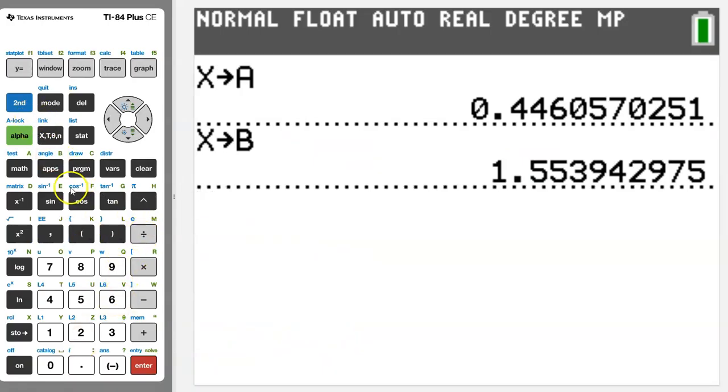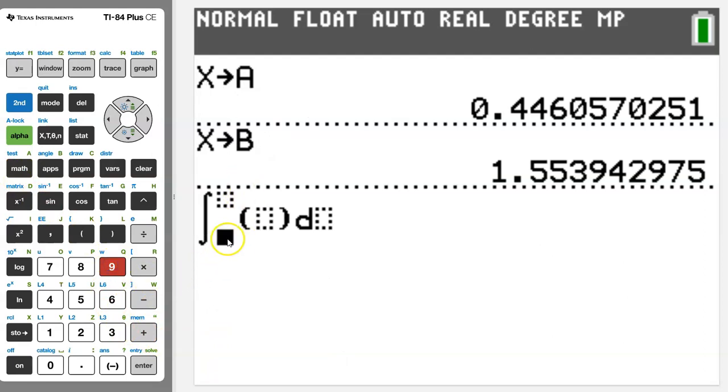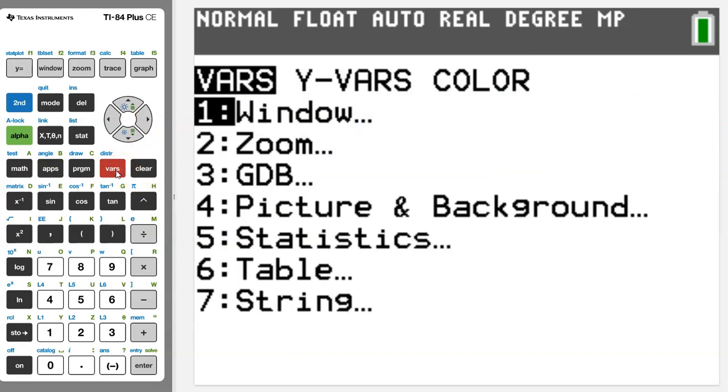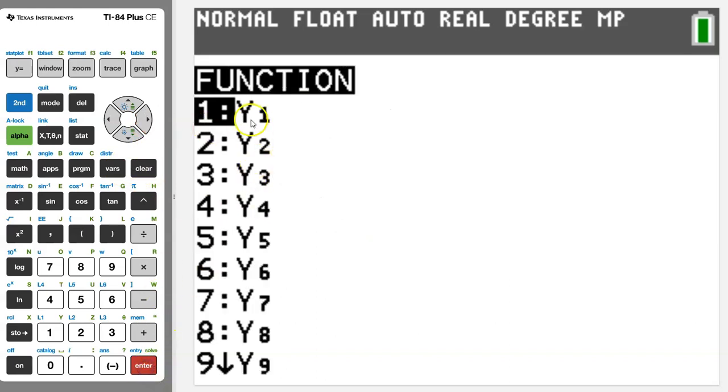So here we go. For the integral, hit the math button and then choose option 9. We are integrating from A to B, so I'm just going to hit alpha A and alpha B. And now I want to do y1 minus 2. For y1, hit vars and go to yvars and choose function and choose y1.